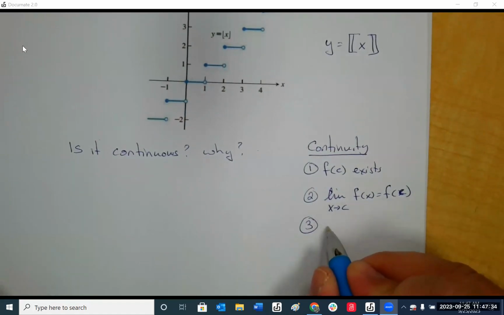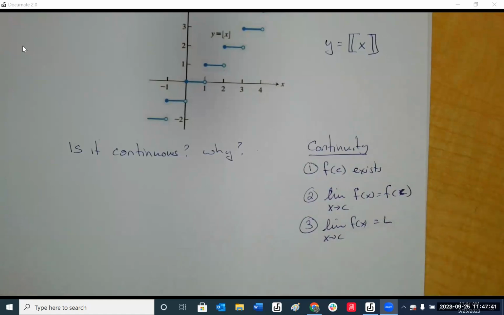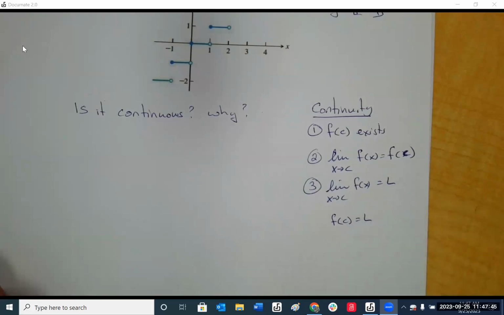And basically it tells us that the limit of f of x as x approaches c has a limit and it's L. So that tells us that f of c has to equal L.